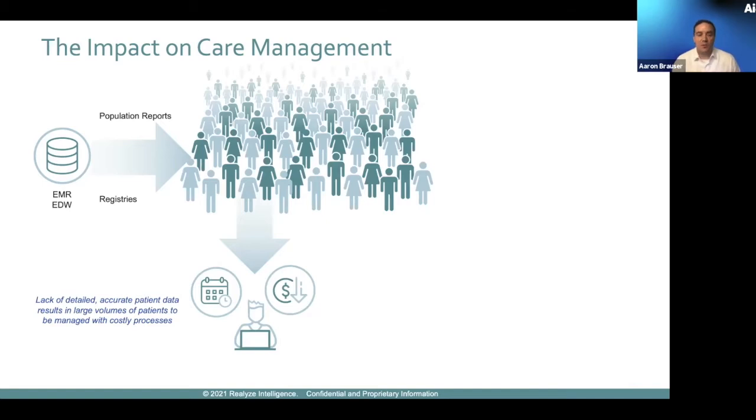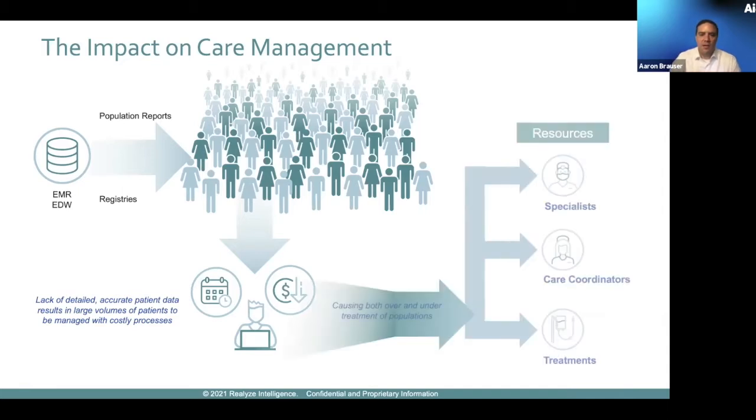This could be manual care coordination, where you're reviewing charts, trying to find those specific populations. The challenge here is that there's so much volume that it's very difficult to automate this or actually do it at scale. And what ends up happening in the end is we get both under and over treatment of this population when we're trying to figure out which ones need various care, whether it's a specialty, targeted care coordination, or even some very high-end or expensive treatments.